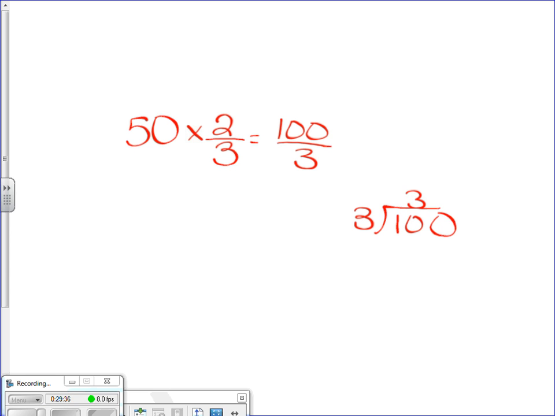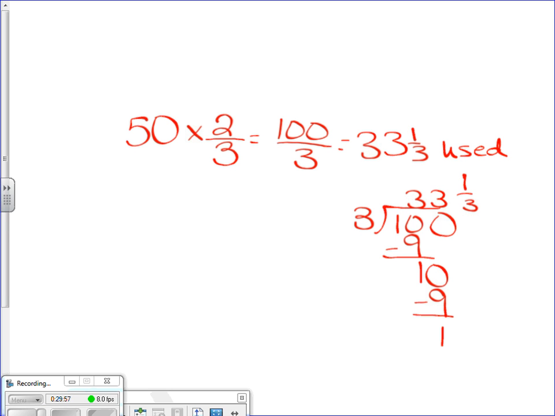The 3 can't go into 10. 33 1/3. So he used 33 1/3. That is a never-ending decimal. So that is the first question.